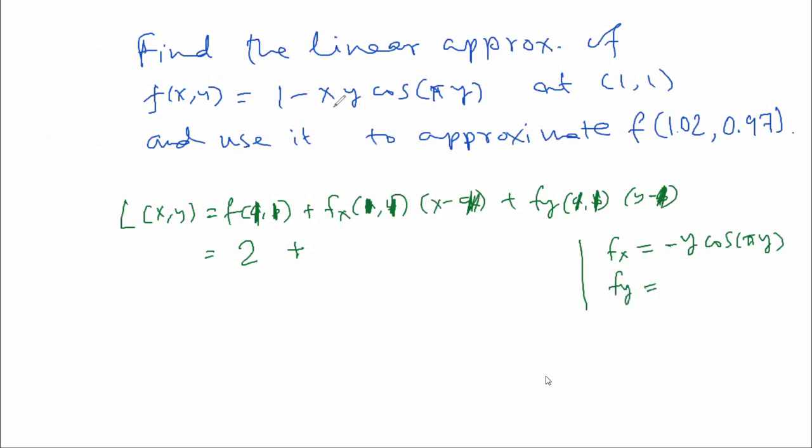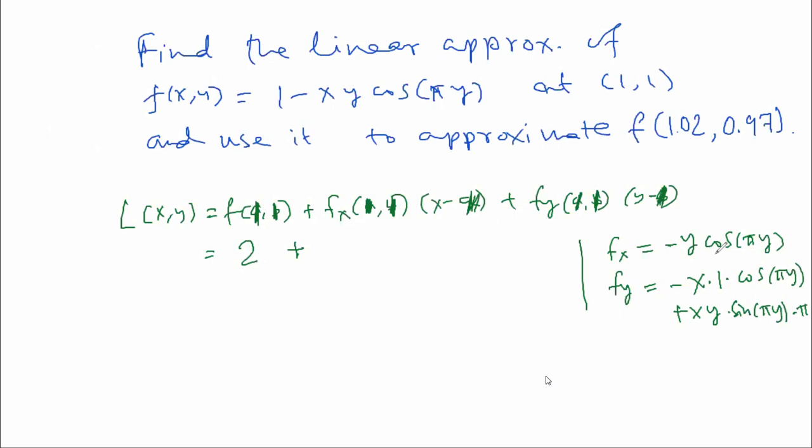So the first derivative of xy is 1 times cosine pi y, and then xy times the derivative of cosine pi y, which is negative sine pi y times pi. So I use the product rule plus the chain rule. Is it clear why fx and fy are like this?